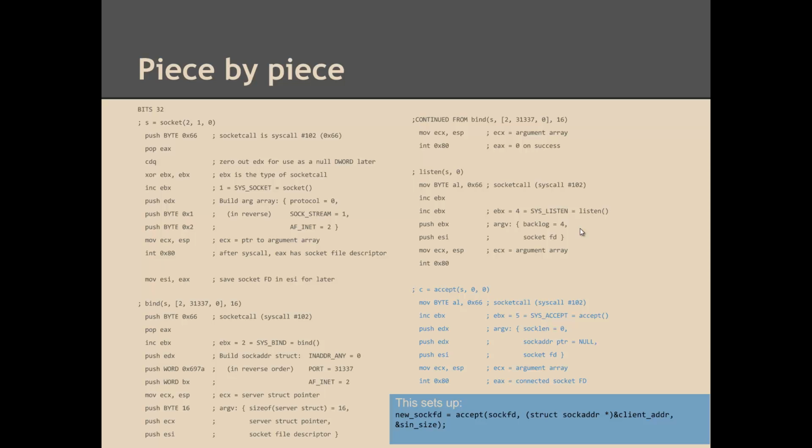And again, this is all a refresher. And again, ECX is pointing to the stack. The stack has the socket len, sockaddr, and socket file descriptor in that struct, and that's all being passed to the accept socket call.